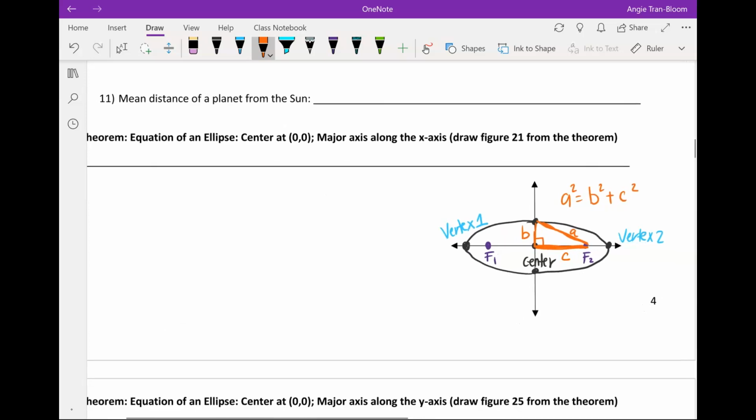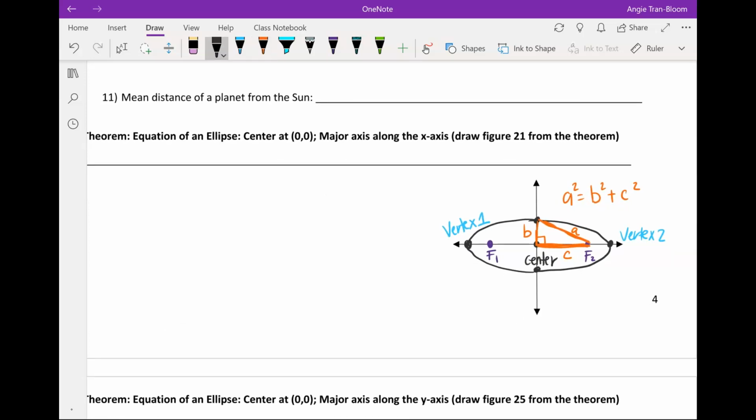So based on that drawing, is it possible for us to find the foci? What would the foci be if the center is at 0, 0? How would we label the foci? 2 C's? C comma 0. Would you agree that I can do the negative and positive C comma 0 because the center is at the origin?